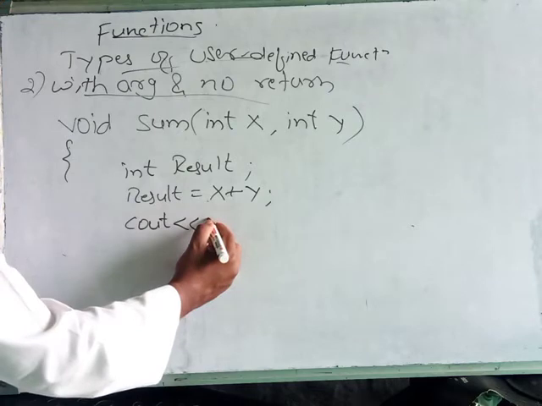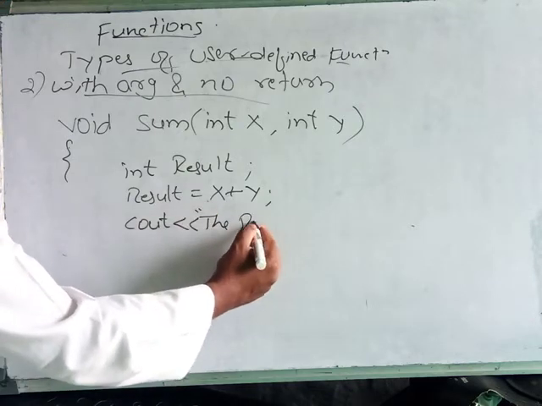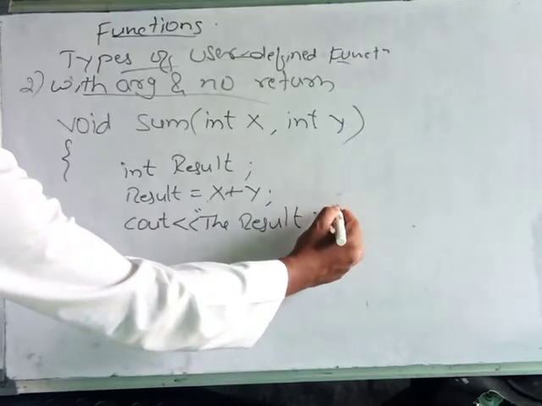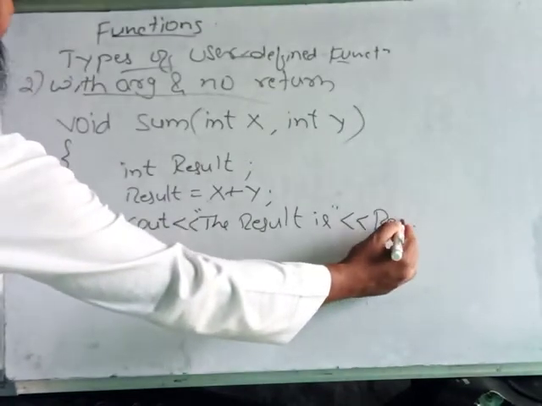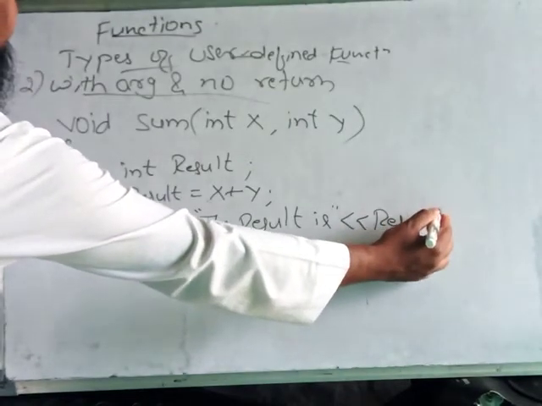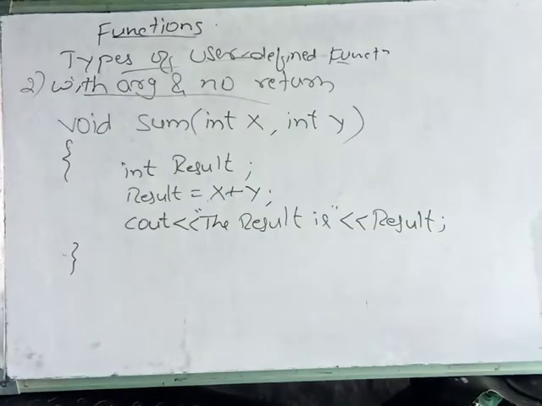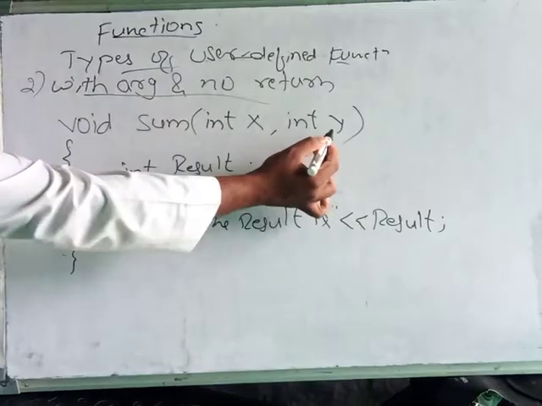Result is, within double quotation, the result is, result. See, in this example, this function has no return value, but it contains parameters.